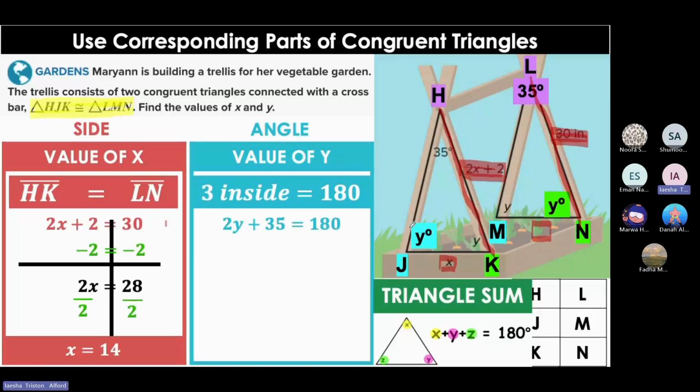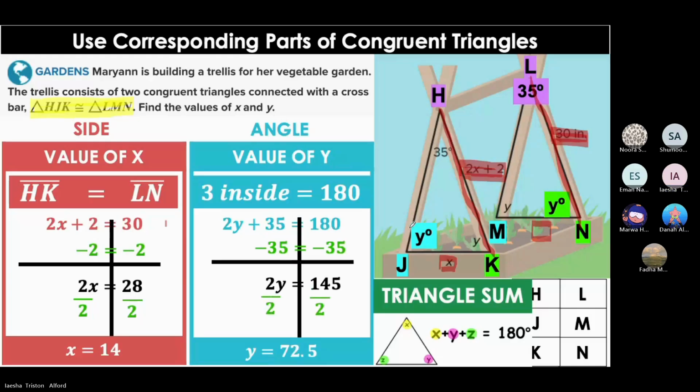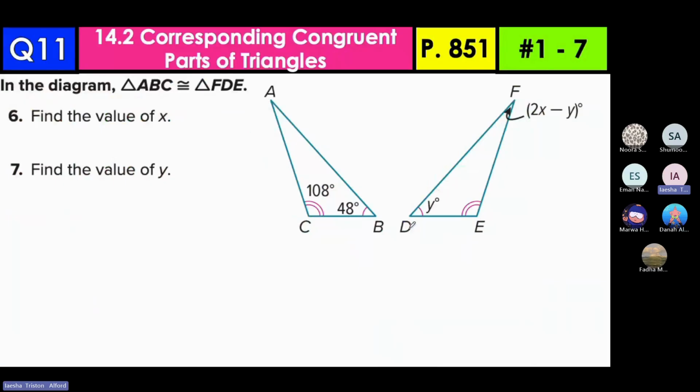So 2y plus 35 equal 180. The easy thing is solving. So y is 72.5. Yes. Okay.